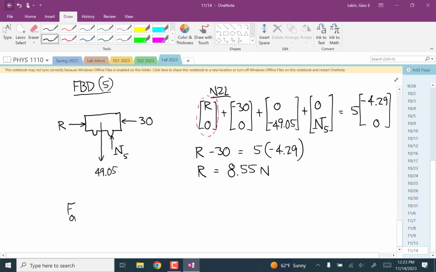So the force on the 5 by the 2 is <8.55, 0>. Or in other words, it's in the positive x direction with a magnitude of 8.55 newtons.